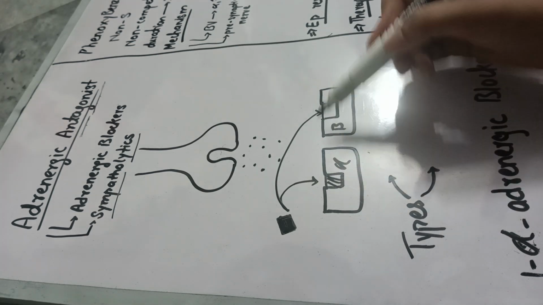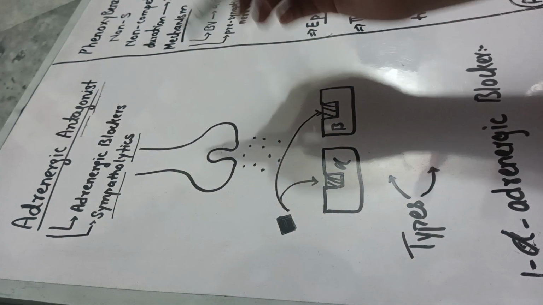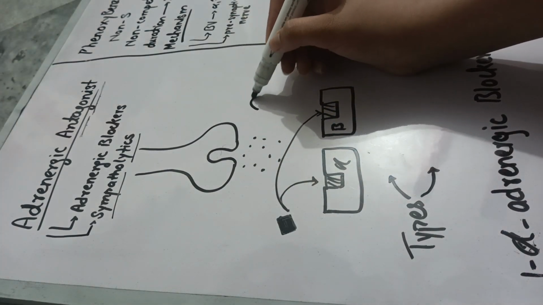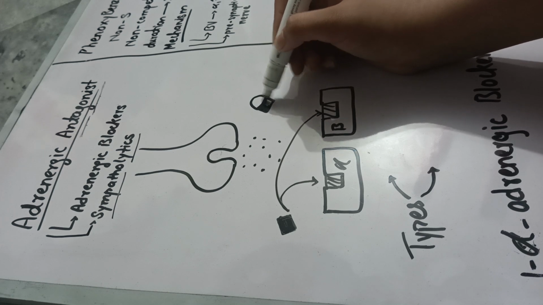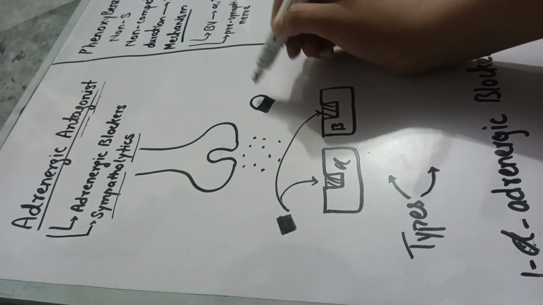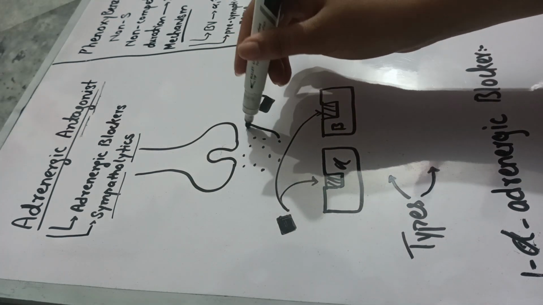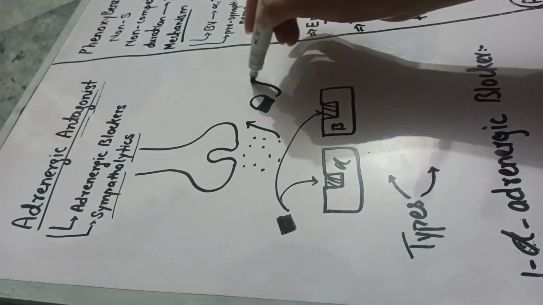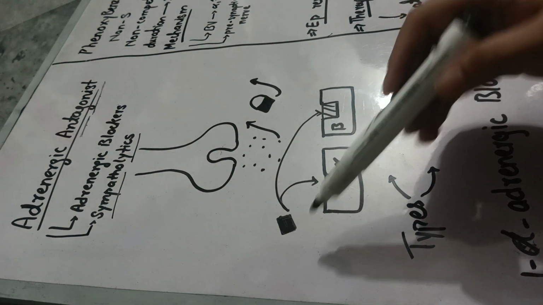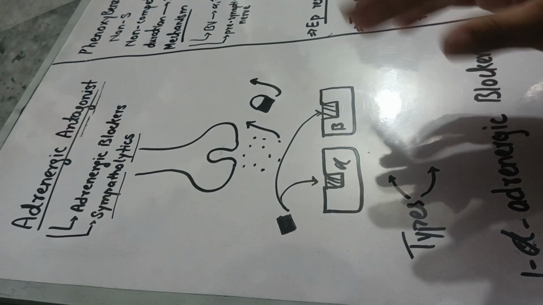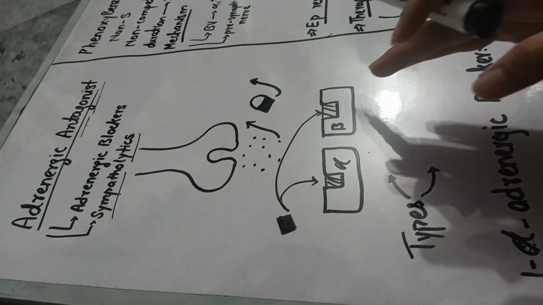Now it has blocked this active site, and it doesn't allow epinephrine or the adrenergic agonist, which is in such a shape, to bind. This is the agonist, and this is the antagonist. So it will never allow epinephrine to bind. It throws the agonist out and doesn't allow it to bind. Instead it binds itself and blocks these receptors. As a result, your sympathetic activity decreases.